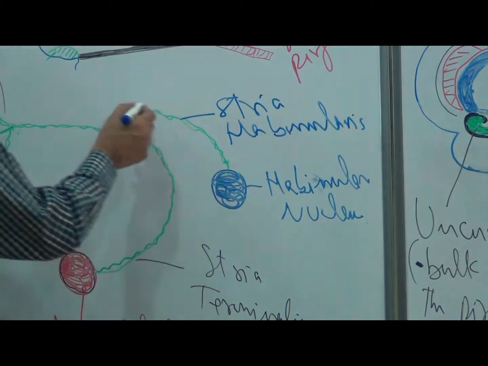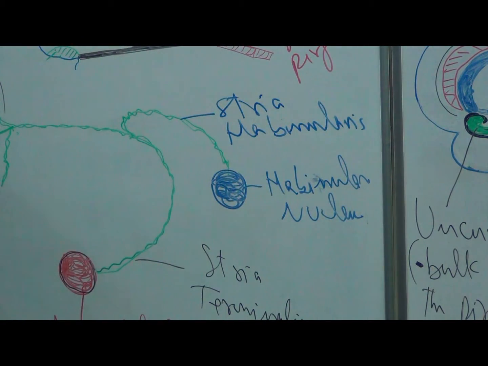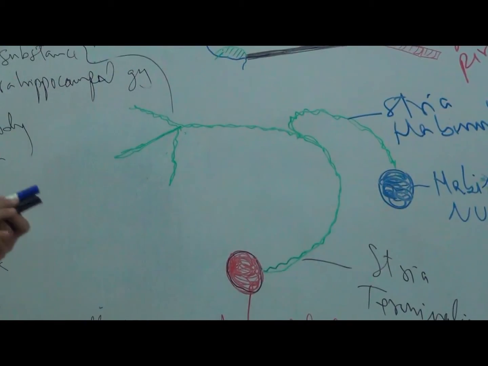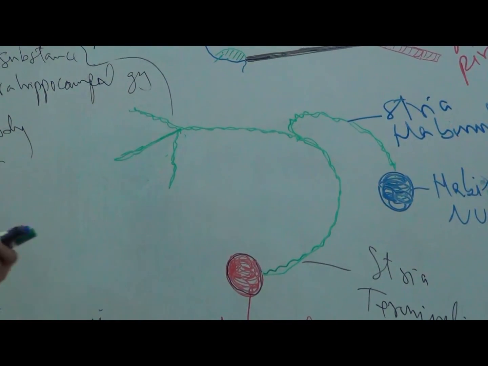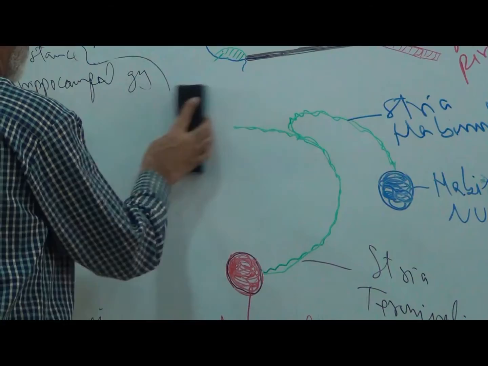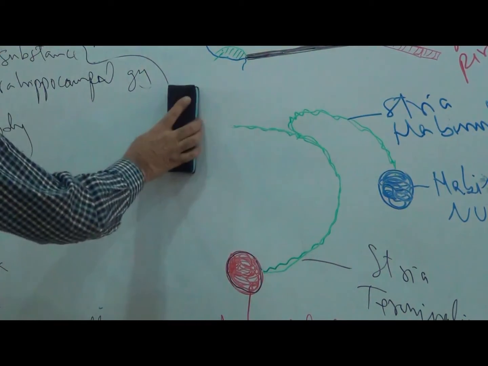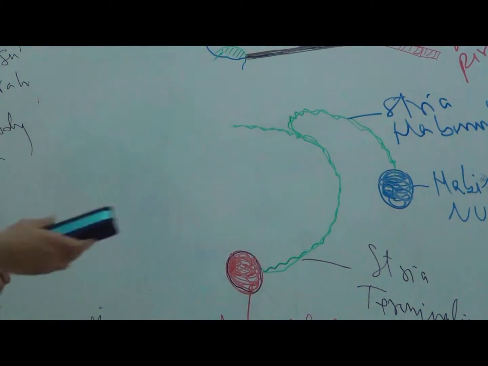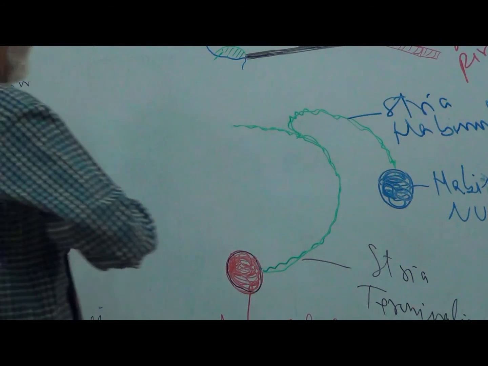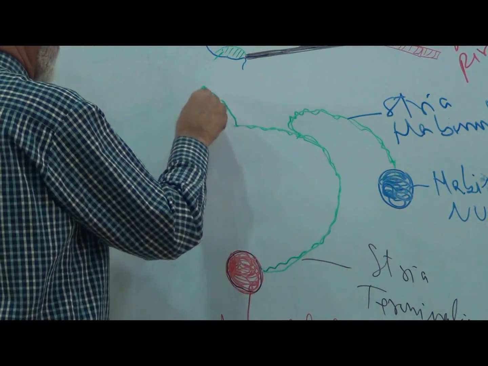The remaining fibers of the stria terminalis continue and divide into 3 bundles in the septal region.